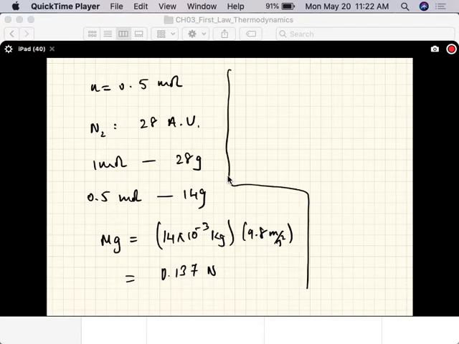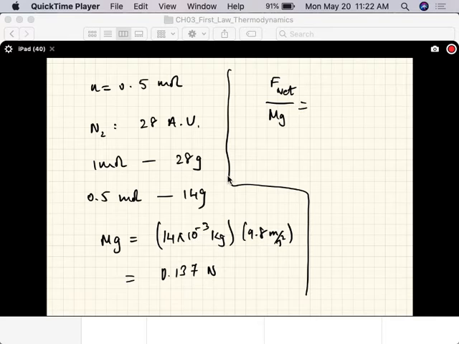Okay, so here's why we calculated this. So the weight of the nitrogen in that is 0.137 newtons. Okay, so we'll calculate the net force divided by mg.